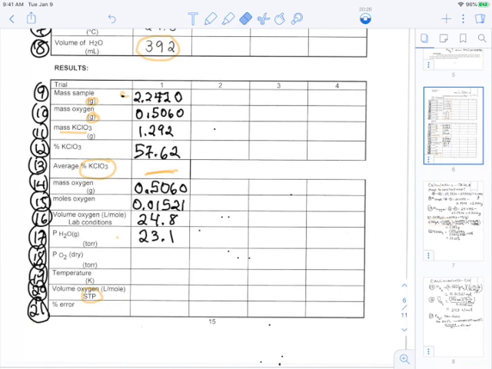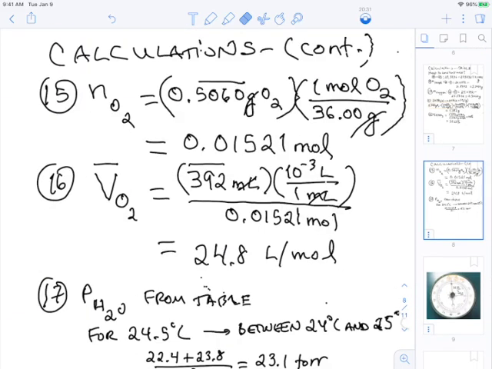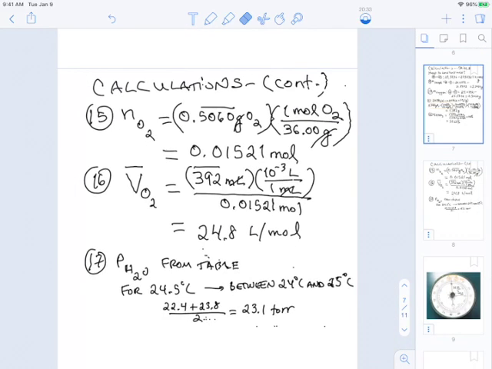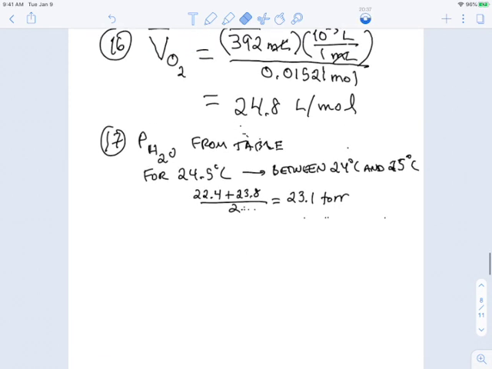Now I'm going to come back to my calculations and find out what is the pressure of the oxygen. Remember that in the flask, the pressure inside the flask was equal to the pressure on the outside.